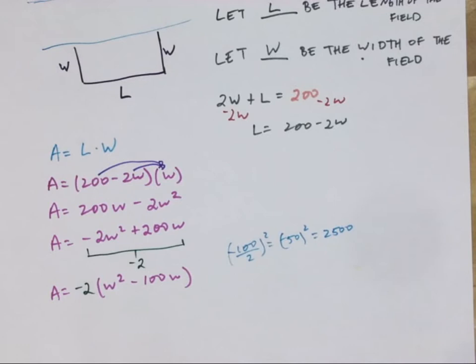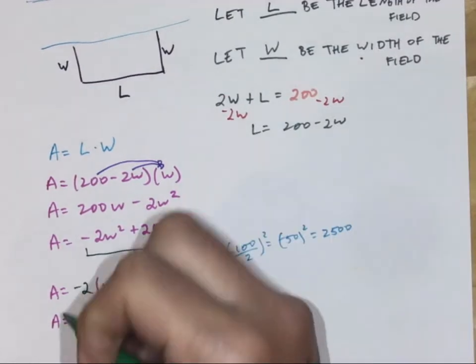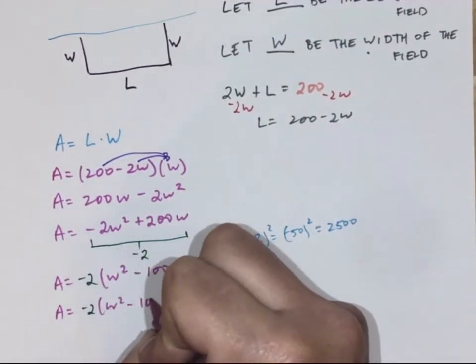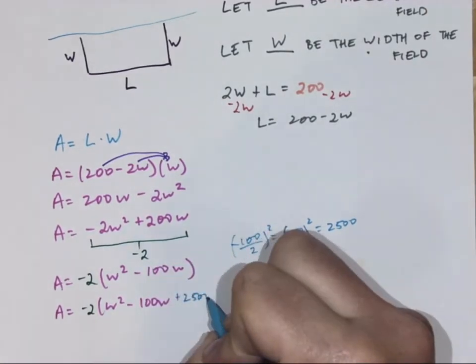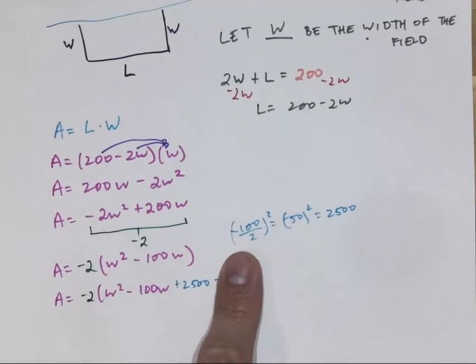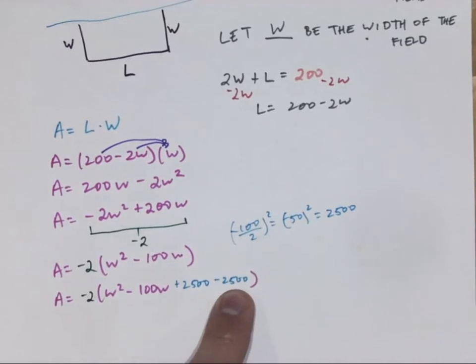That goes inside the brackets. We need to make a perfect square, which means we want that, because that will become a perfect square trinomial. Get the negative 2500 outside the brackets.